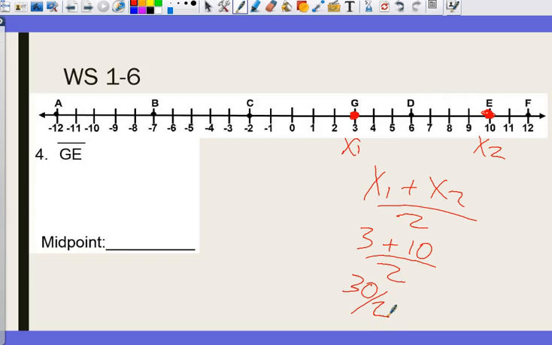30/2. 3 plus 10. You have to press the mark. The pen, sorry. That one. Yeah.